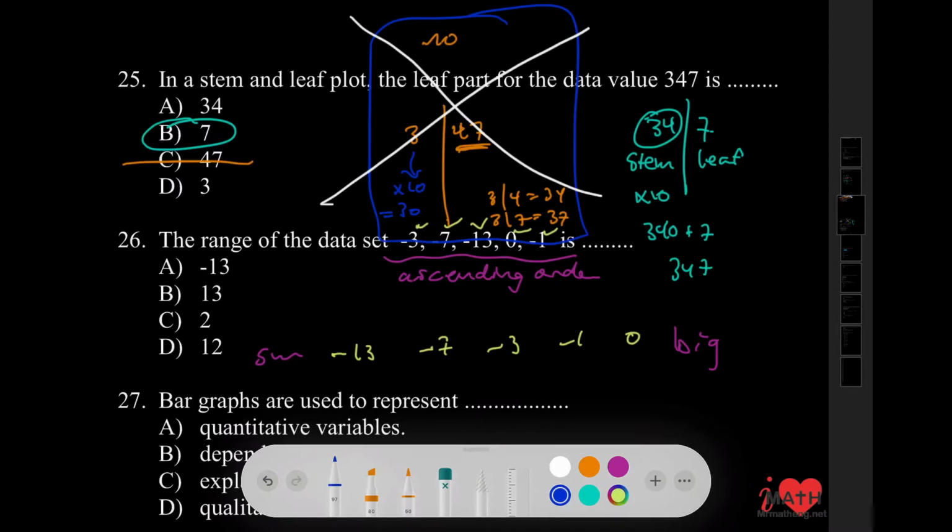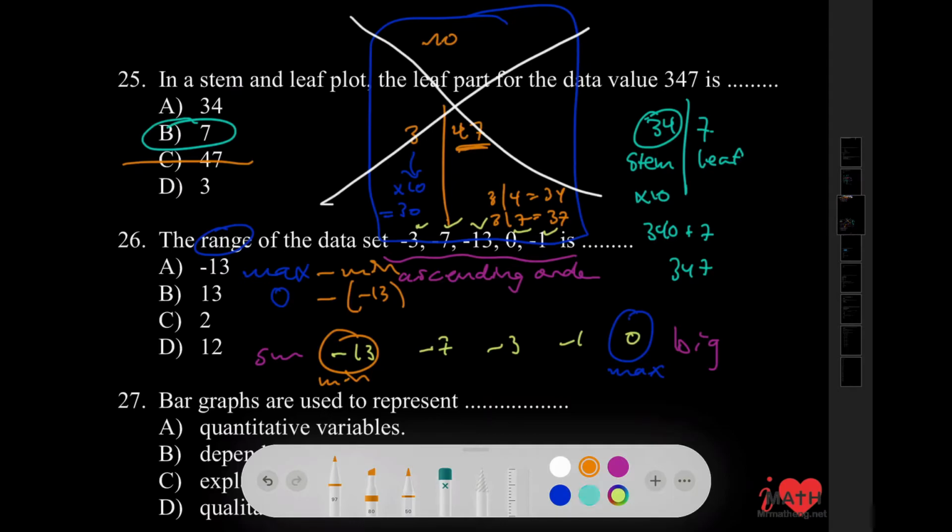And we're going to identify that the range is the max minus the min. So my max is the highest number, and the minimum or smallest number is over here. So let's write that. So 0 minus negative 13.